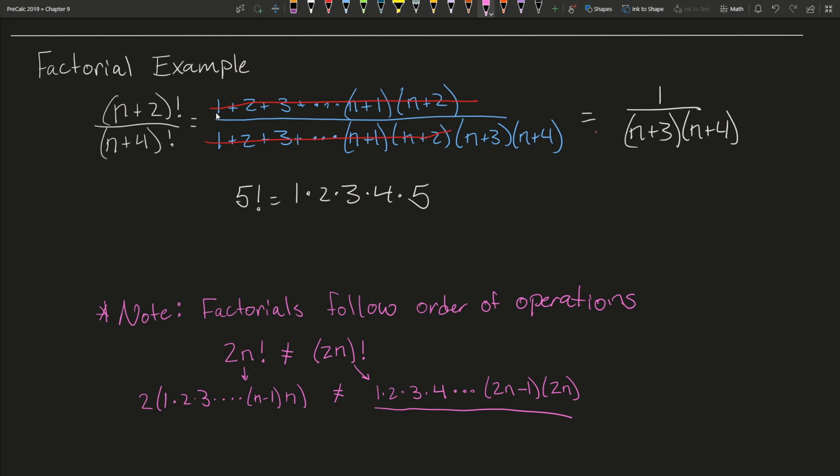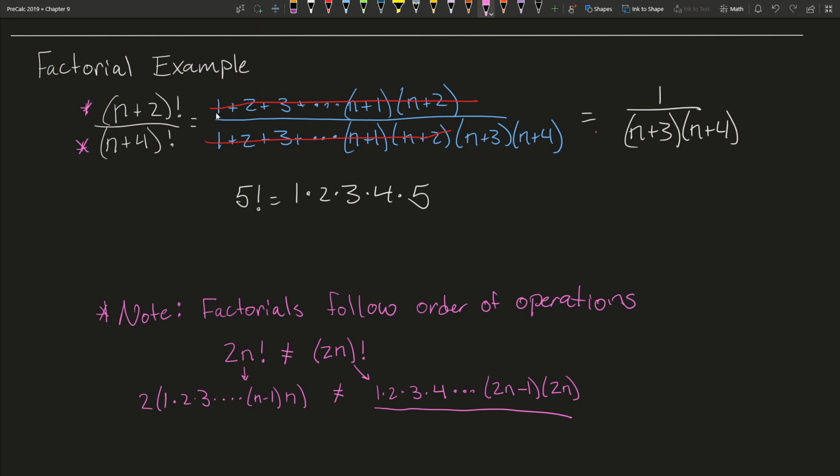All right, I get that, but why is it 1 plus 2 plus 3? Okay, in the denominator and in the numerator, we have n plus 2 factorial and n plus 4 factorial.